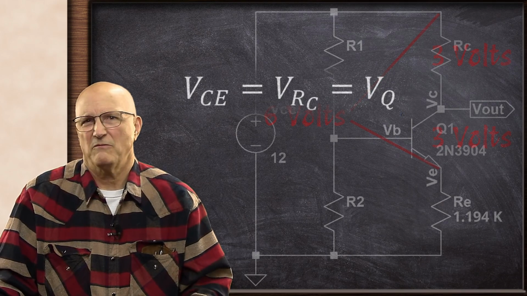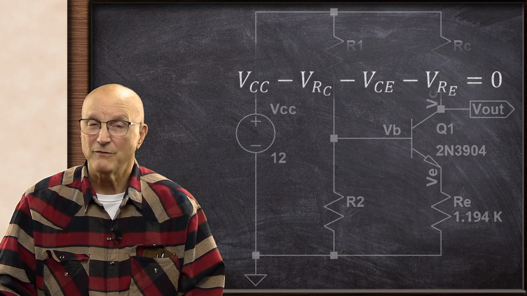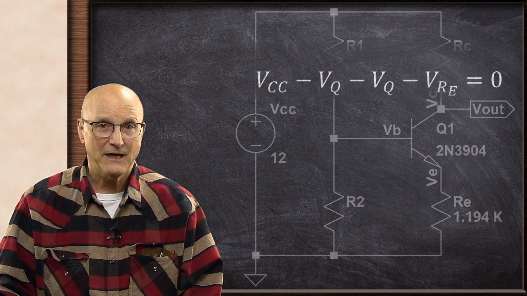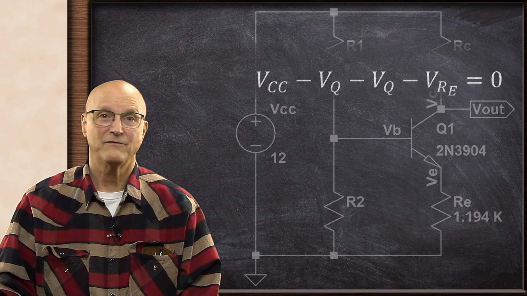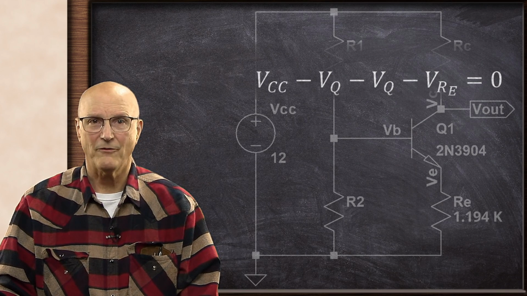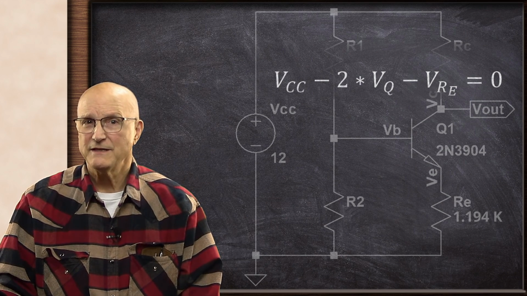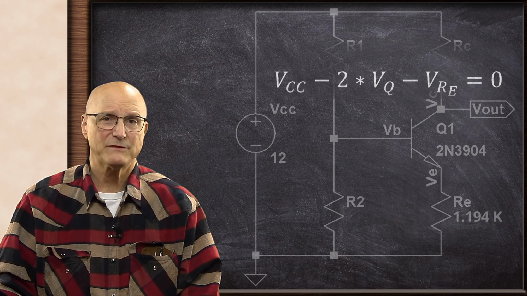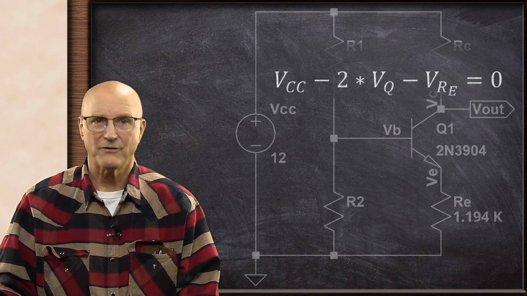Let's say VQ. So our KVL equation becomes VCC minus VQ minus VQ minus VRE equals 0. Bringing the VQs together, we get VCC minus 2 times VQ minus VRE equals 0.